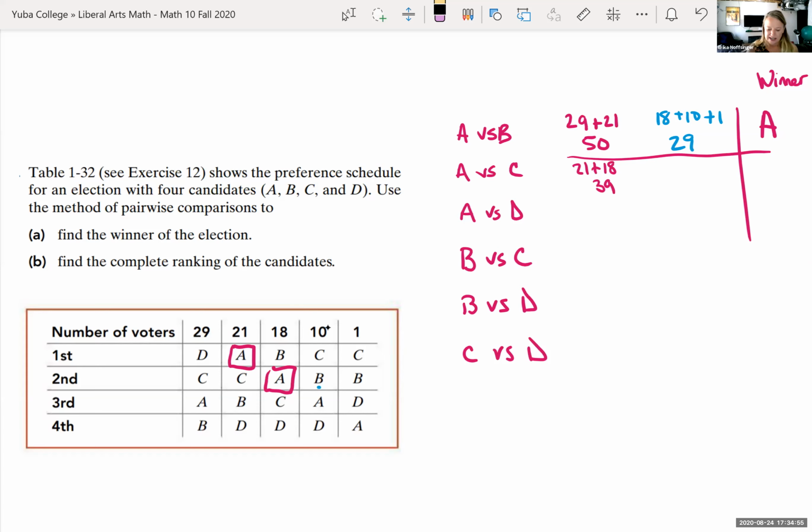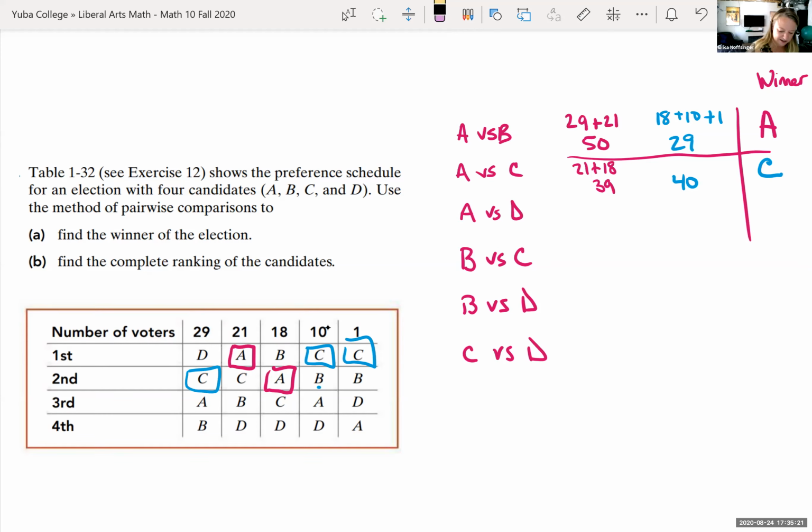Well, 79 minus 39 is 40. So C won 40 of the votes. So C is the winner of that pairwise comparison.